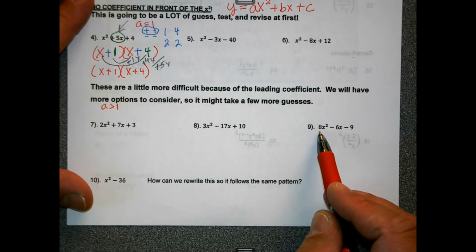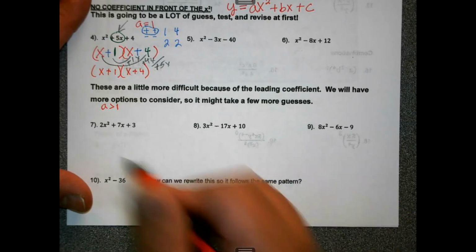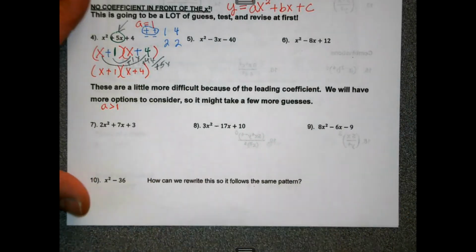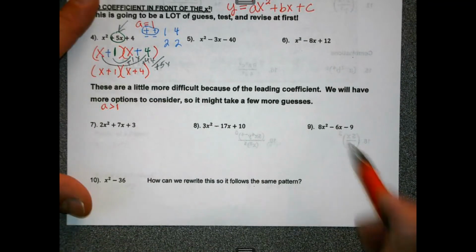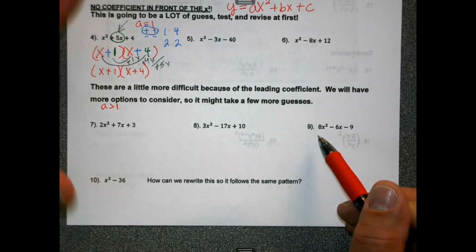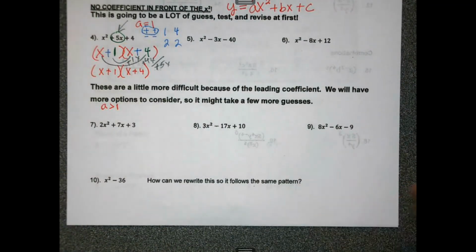For instance, number 9, 8 is not a prime number. What I mean by prime number is the only way you can get 2 is to take 2 times 1. With 8, I've got 8 times 1, 2 times 4, so there are different factors to use.